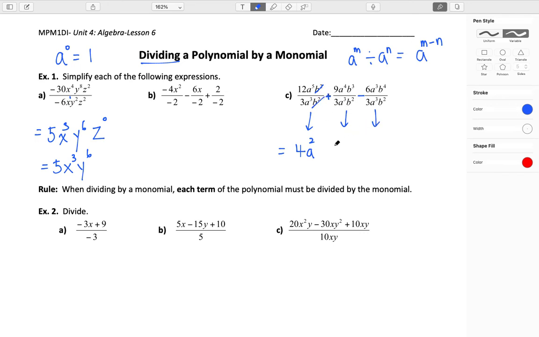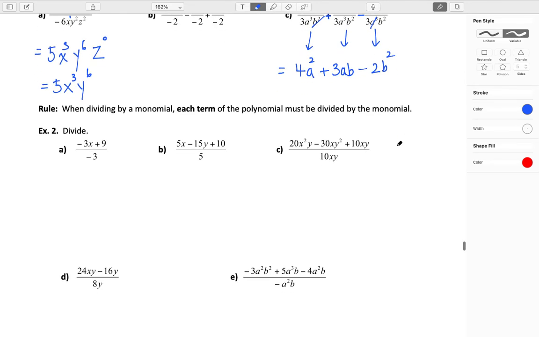They're exactly the same. Plus 9 divided by 3 is 3. a, 4 minus 3 is 1, and b. And minus 6 divided by 3 is 2. And a^3 cancels out. You're left with b squared. And that is your final answer.